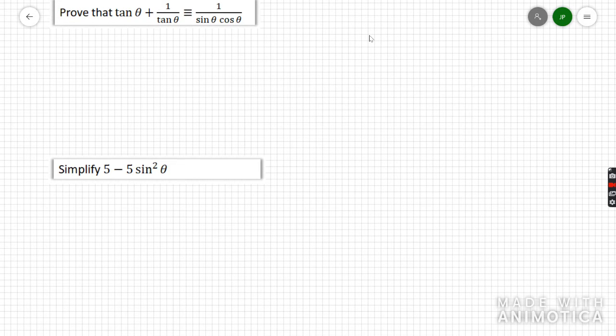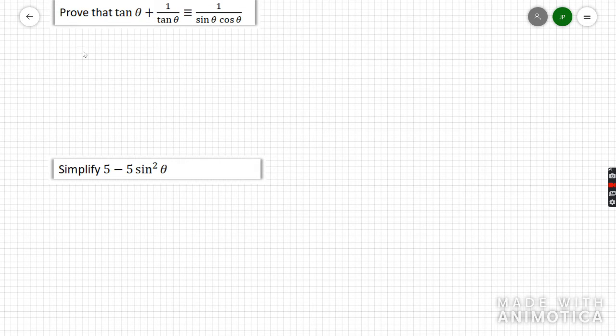So, prove that tan theta plus 1 over tan theta is 1 over sine theta cos theta. Whenever you've got a tan theta, I would always recommend you swap out your tan theta for sine theta over cos theta. That's normally the easiest way to go.